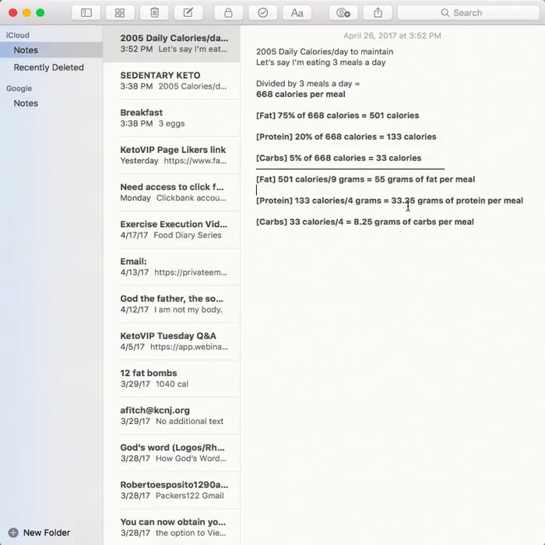I need 33.25 or 33 and a quarter or 33, however you want to do it, grams of protein per meal, 8.25 grams of carbs per meal. And if you're doing this 3 times a day, you're going to be hitting your 2005 daily calories to maintain, while staying in ketosis, theoretically, right? Now, how easy is that? That is how you win before and then attack.